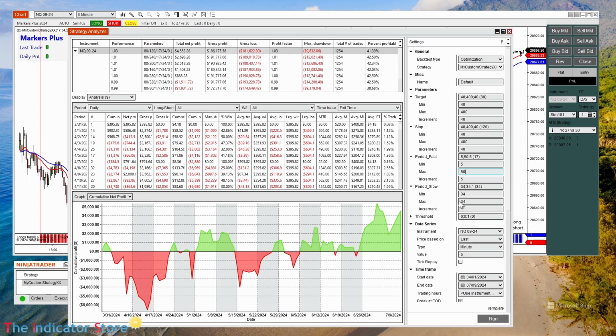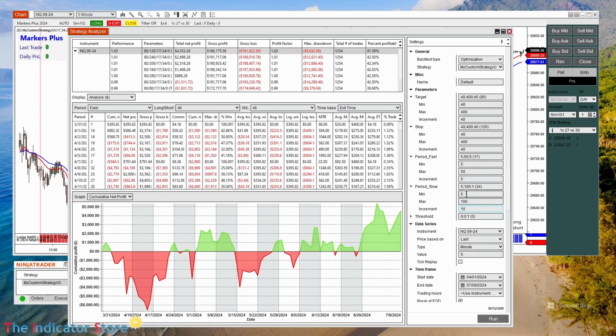For the slow, we can try with a maximum of 100. And the minimum, we can try exactly the same, between 5 and 50 as for the fast. And for the slow, between 5 and 100, but with bigger intervals.